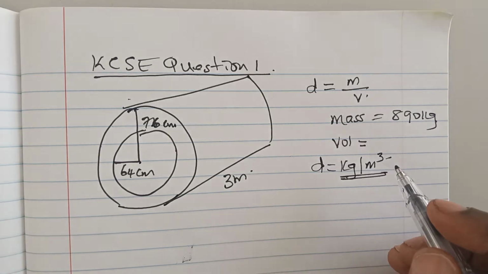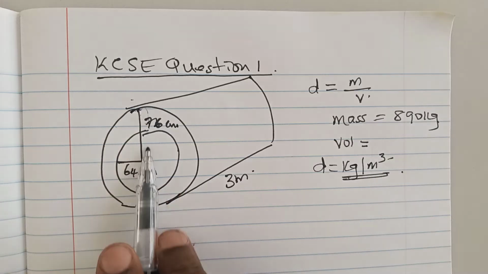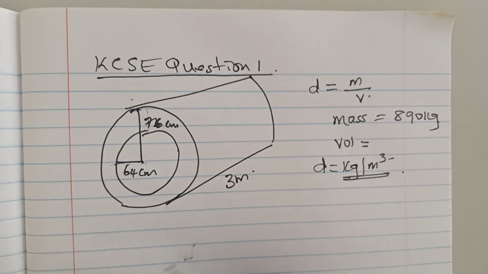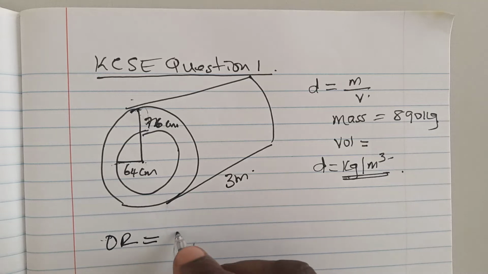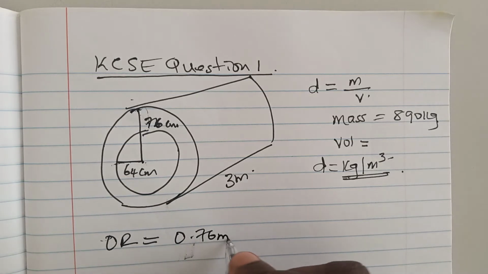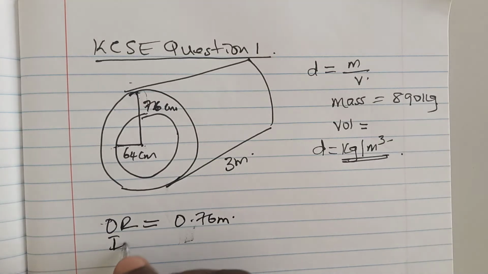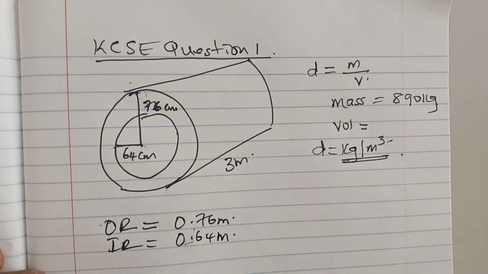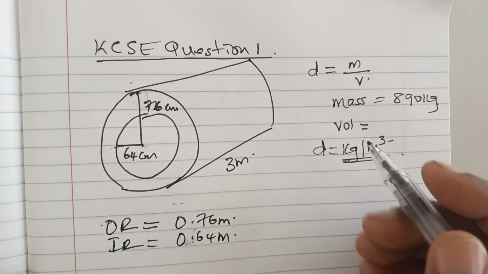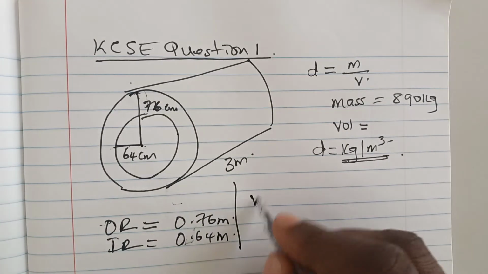That means we have to change all the centimeter dimensions into meters. The outer radius is going to be 0.76 meters and the inner radius is going to be 0.64 meters. The height remains 3 meters.